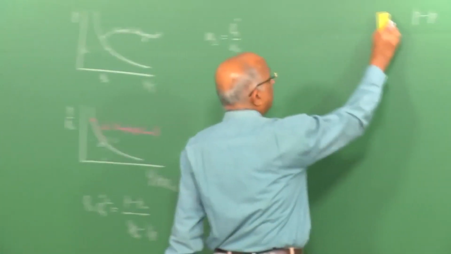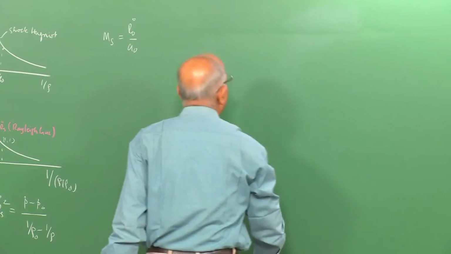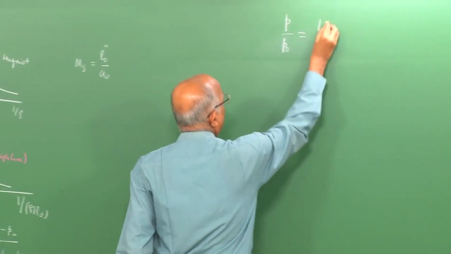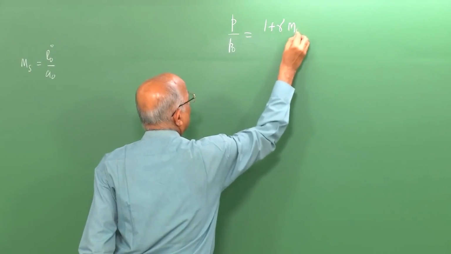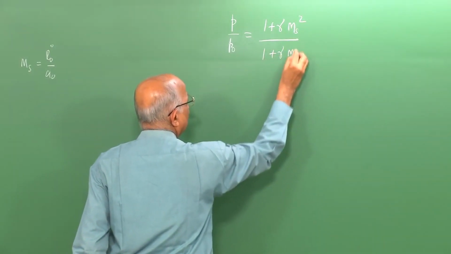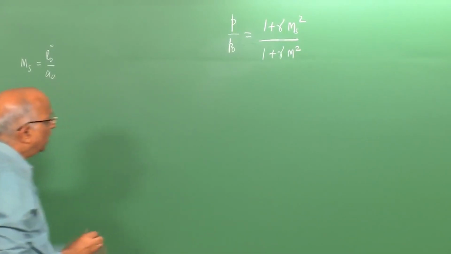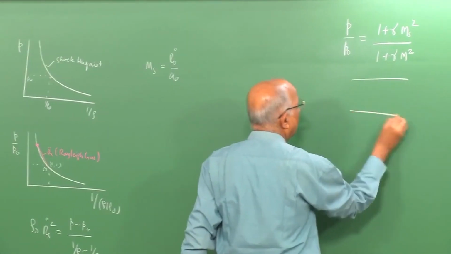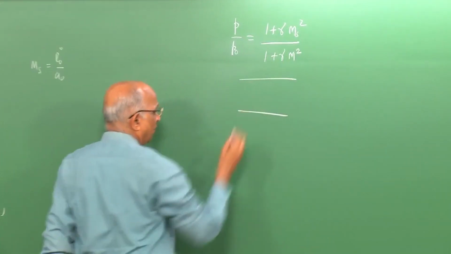Let me put it down: 1 plus gamma into the shock Mach number squared divided by 1 plus gamma into m squared behind the shock. Let's again qualify this equation, because we are going to use this to predict P by P 0 in terms of Ms squared.